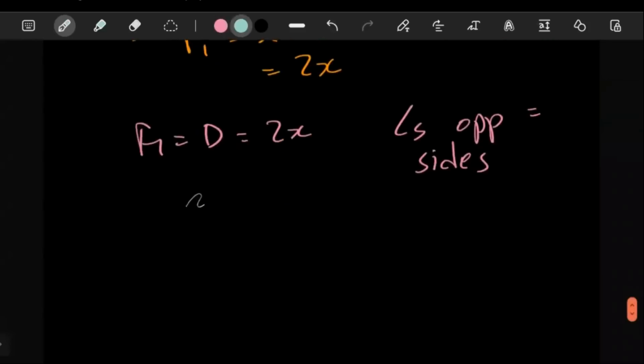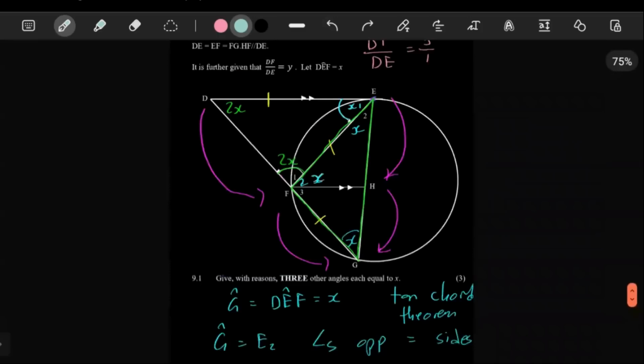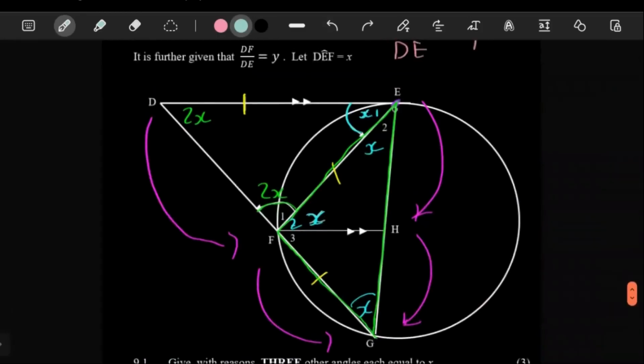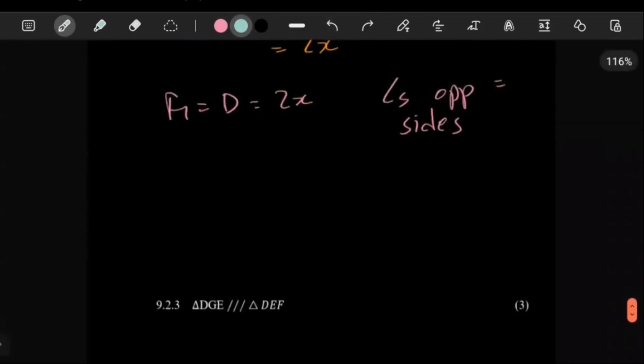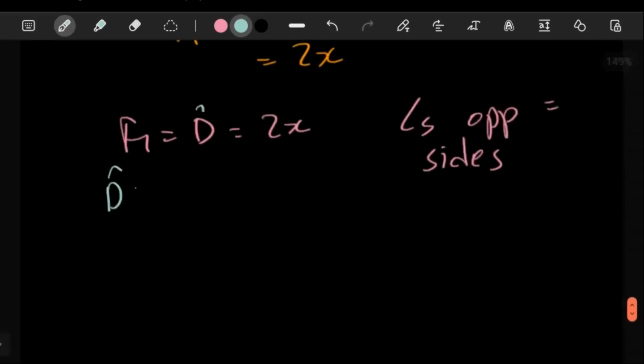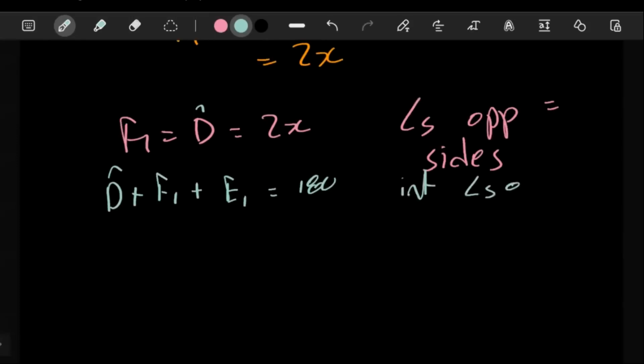So here now we can say therefore D plus F1 plus E1 is equal to 180. The reason is interior angles of a triangle. And if you put the dimensions for each of these, D is 2x. This is also equal to 2x. This is equal to x.